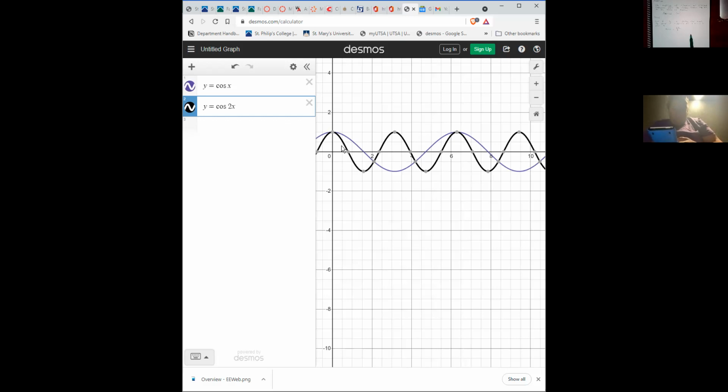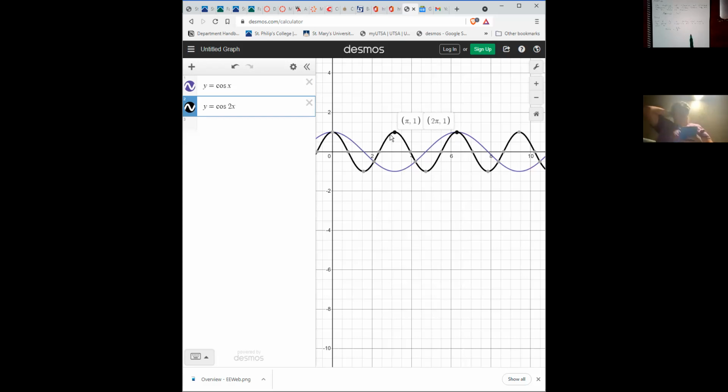And what does faster mean? All right, let's look at this. The period is ending twice as fast for the black one. Look how soon it repeats itself. Right, starts here, goes down, then up again, starts over, down, then up again for the black one. The purple, it would go down, then up, but it would take longer to get here. It would take 2 pi versus the black one, it gets there at 1 pi, right? So this period ends in 2 pi versus this one ends in 1 pi.